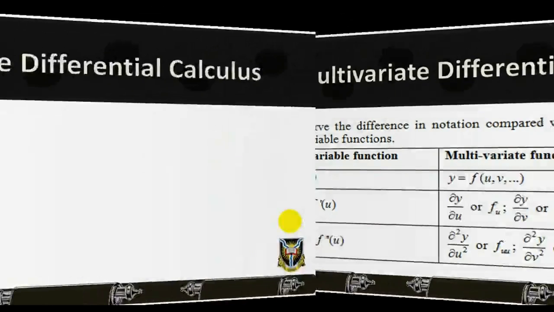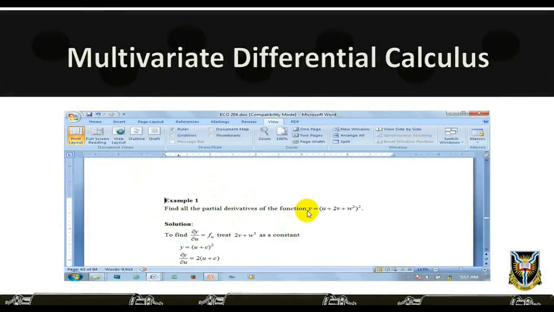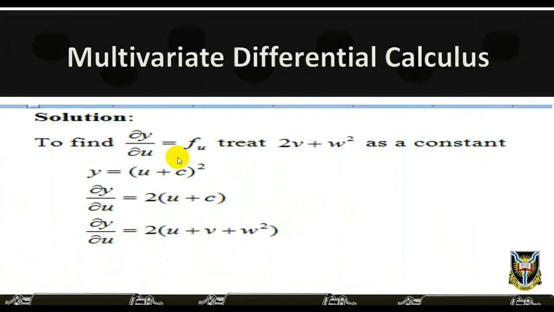Example. Find all the partial derivatives of the function y equals (u plus 2v plus w squared) all raised to power 2. Solution. To find dy by du equals f_u, treat 2v plus w squared as a constant.